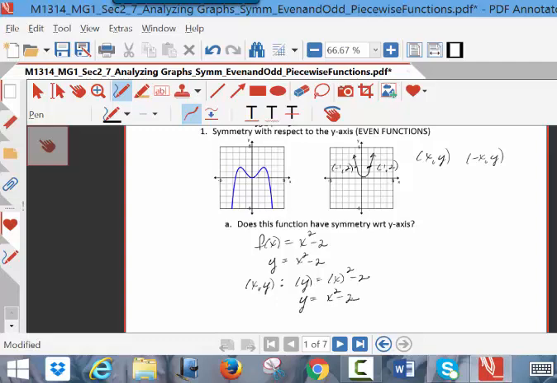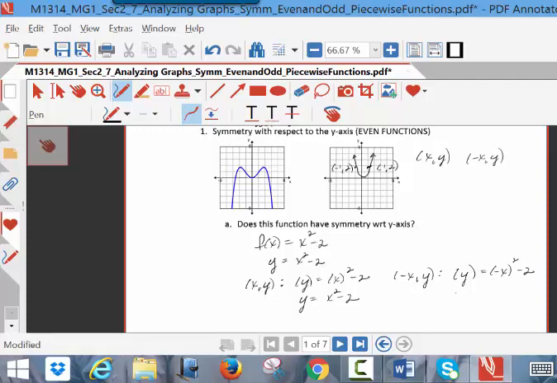So of course when you plug in x, y, you're going to have the original equation. But if we come over here now to check this, and we plug in a negative x, y, this is going to make the equation y replaced by y and x replaced by negative x. So it looks a little different.